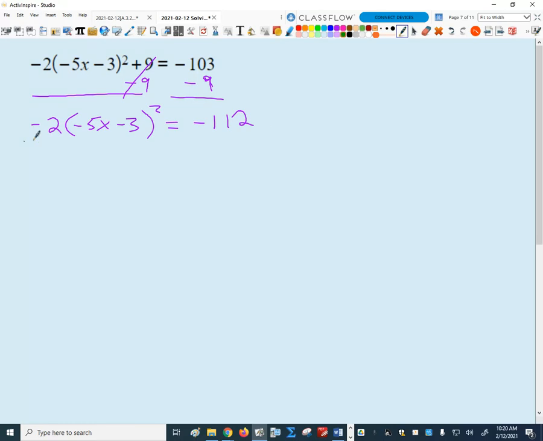Now we're going to divide by negative 2, right? And we get the quantity negative 5x minus 3 squared equals positive 56. Now we're going to square root both sides, right?